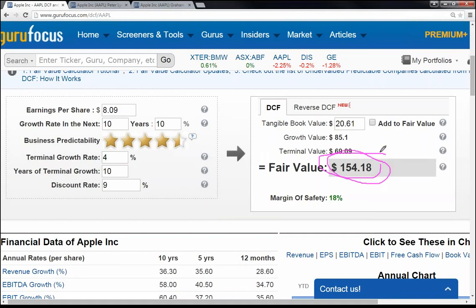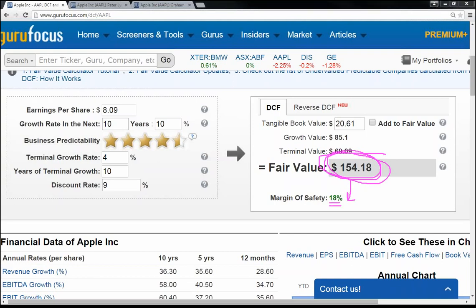Apple's trading, I don't know what it is, somewhere around 121 today. So it is 18% below this price. In other words, if you're trying to buy it based on what it's worth to you today, that's how much wiggle room you have. You're protected. You want a high margin of safety.